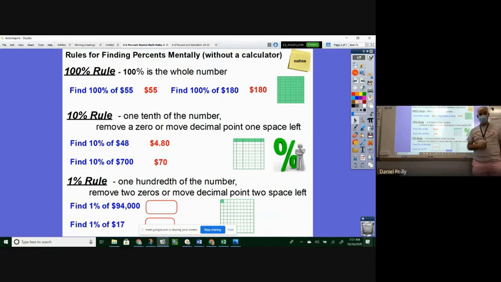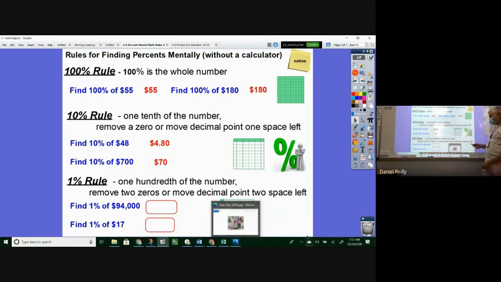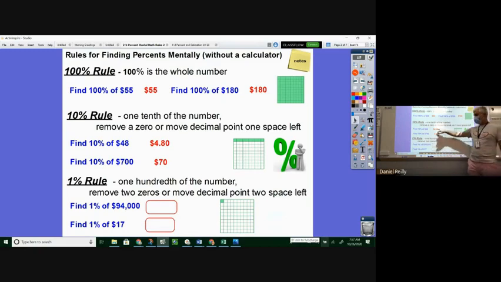All right, 1%. 1% of a number is that number divided by 100, one one-hundredth of the number. Dividing by 100 is really just dividing by 10 twice, so you move the decimal point 2 places, or drop off 2 zeros. So 1% of 94,000, take off 2 zeros, 940. 1% of $17?